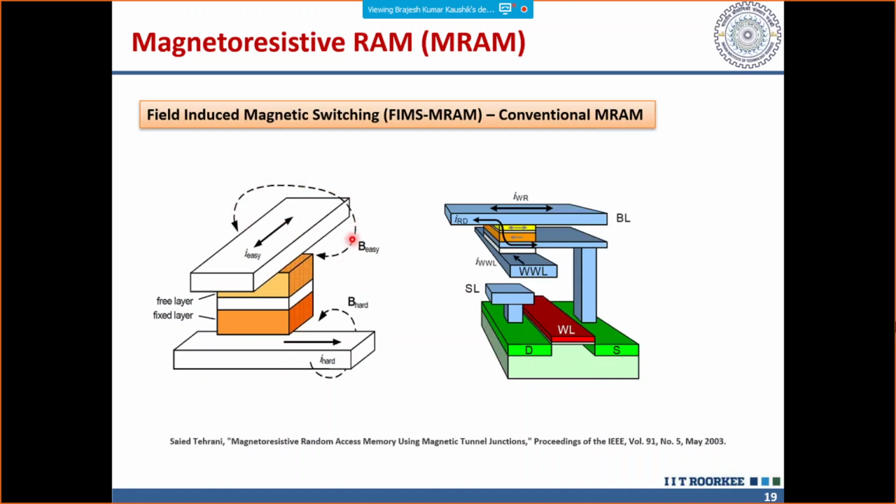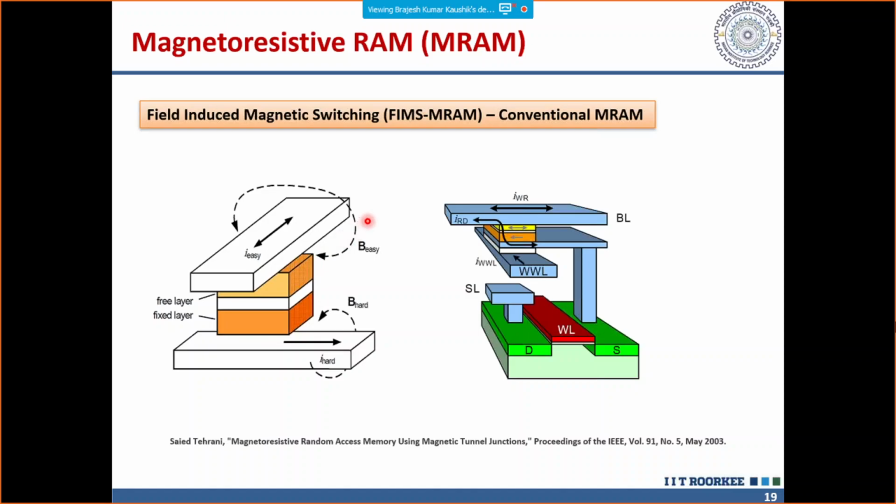They generate a certain magnetic field also, and this magnetic field starts influencing the top layer over here. Once this free layer faces this external magnetic field, it normally flips its state.